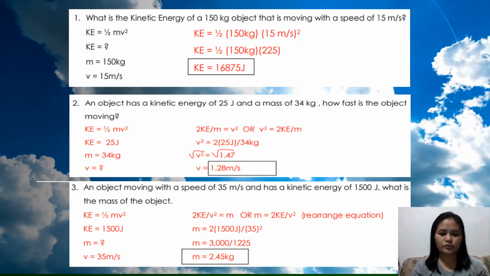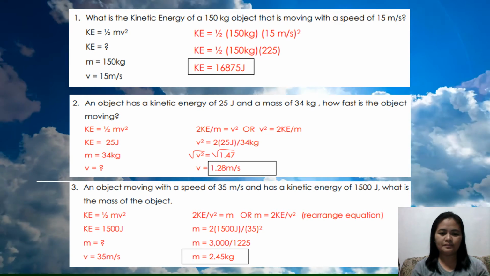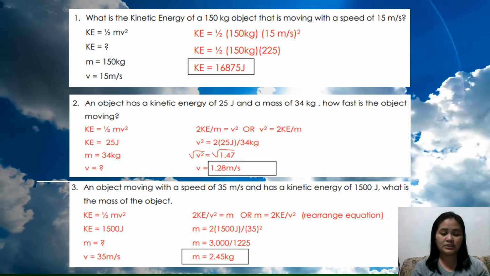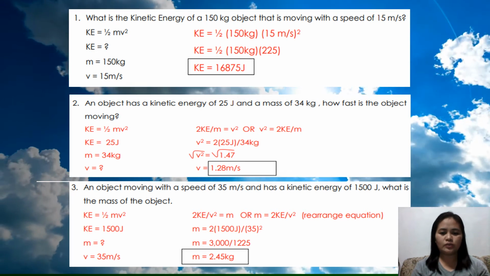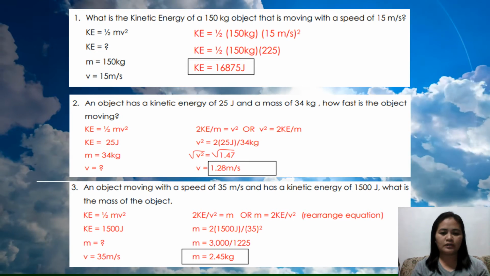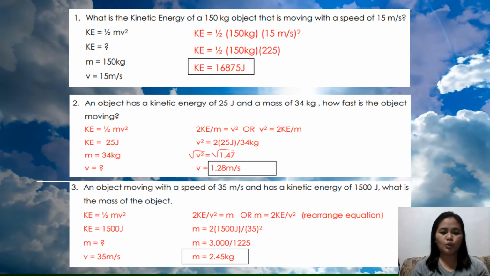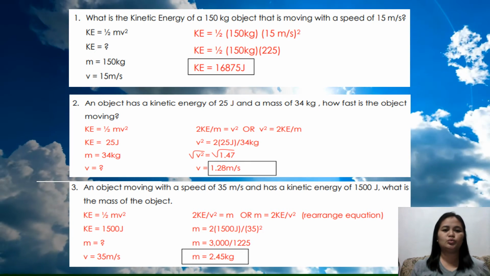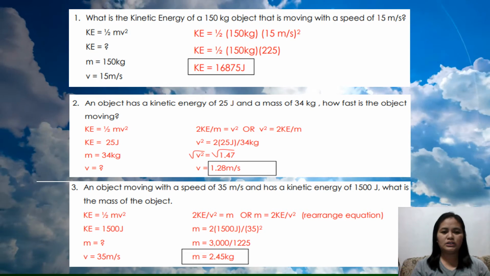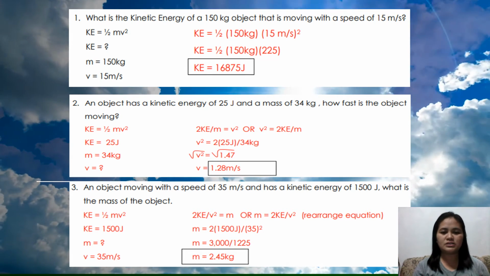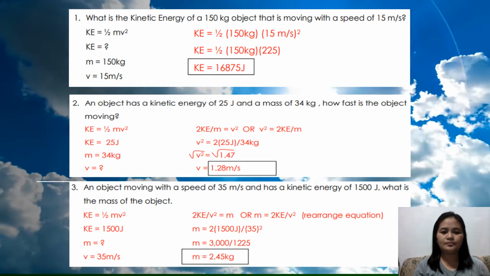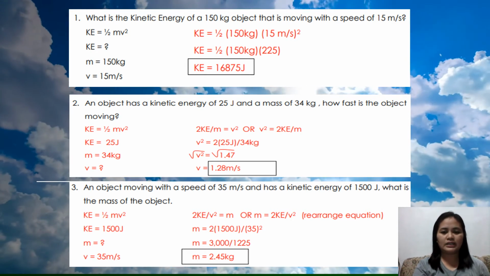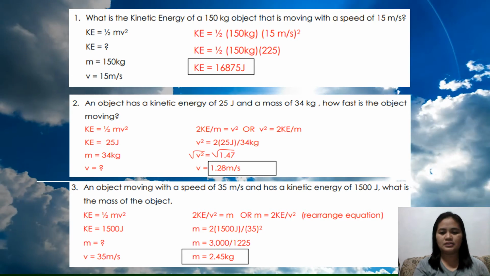Ano yung 35 squared? 1,225. So yung 2 times 1,500, 3,000 yun. Yung 35 squared, 1,225. You divide. That will give you 2.45 kilograms. Balik-balikan nyo lang yung mga formula nyo, and then you look at these sample problems. It's just a matter of correct substitution. Kayang-kaya yan, mga kaibigan. Okay, let's proceed.